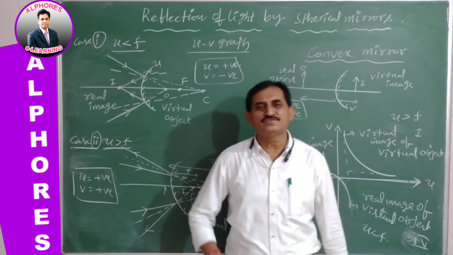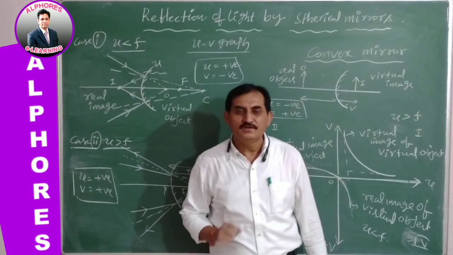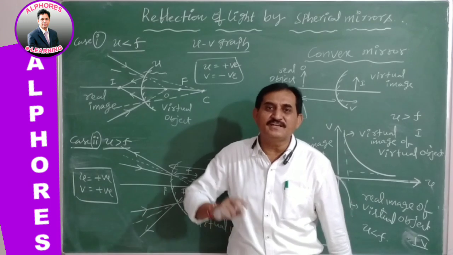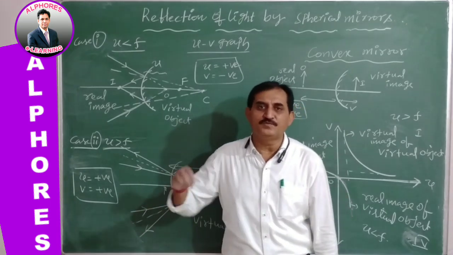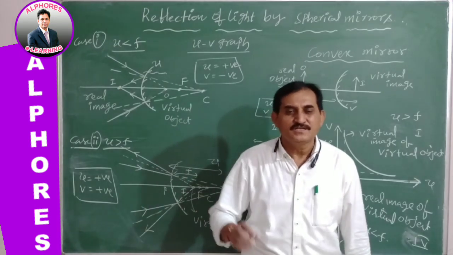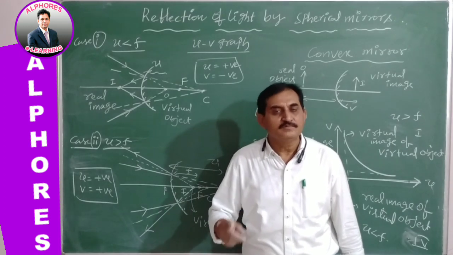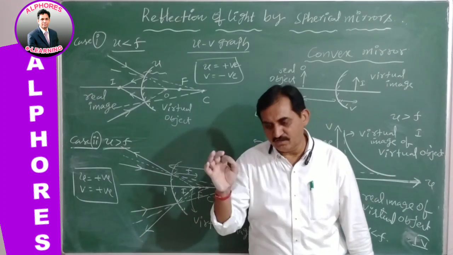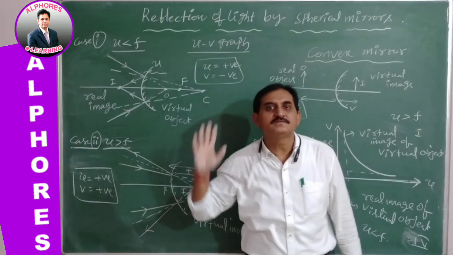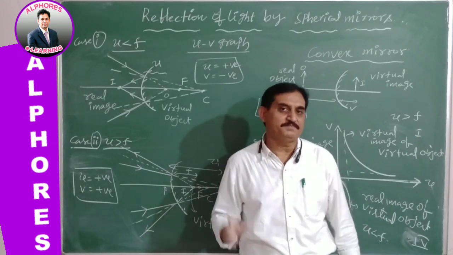Irrespective of the lens, mirror, whatnot. These sign conventions are irrelevant to the kind of spherical mirror or lens. Simply u is taken to be negative whenever the object is real. Nothing else. Object real, then u is negative. Object virtual, then u is positive.